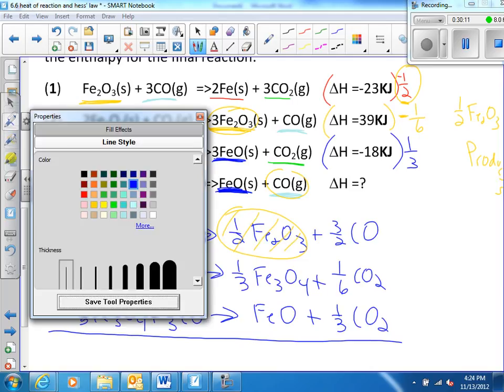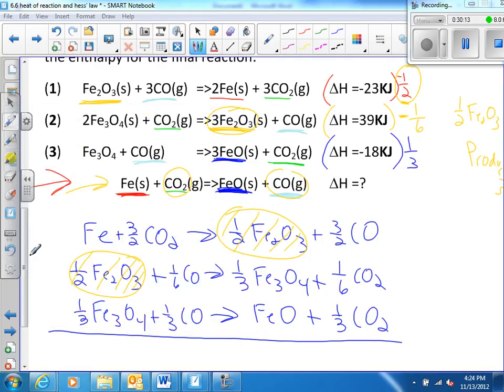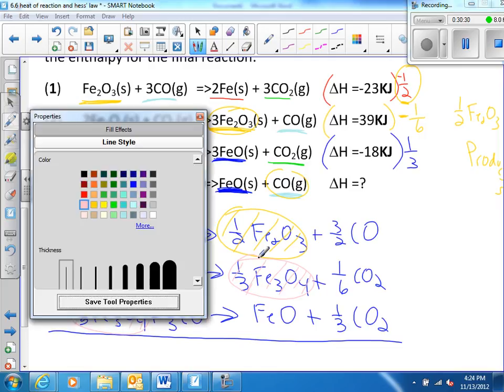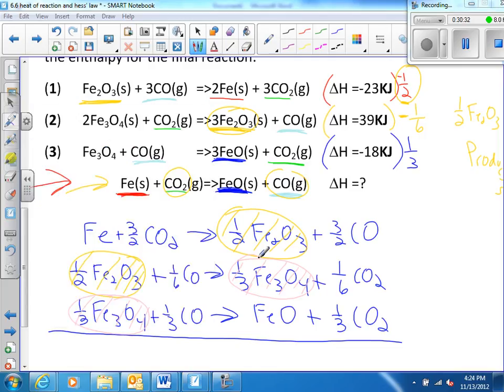And switching colors, how about my Fe3O4? Oh, look at that, we're doing well. The 1/3 Fe3O4, those also cancel. Nothing else cancels, so now I've got to figure out how these all add up. I've got my Fe right here.